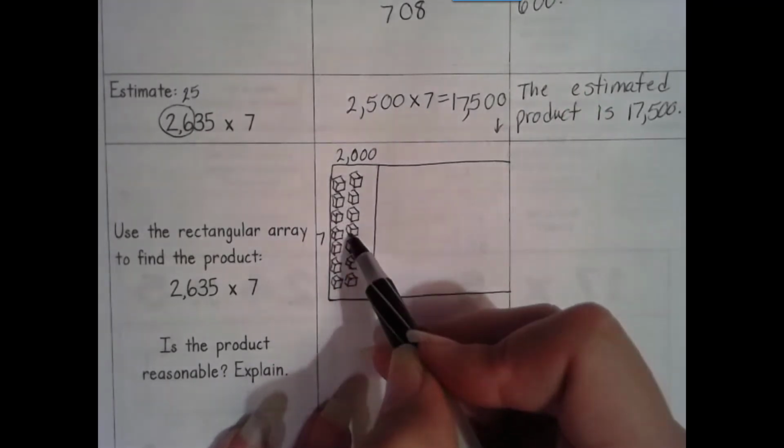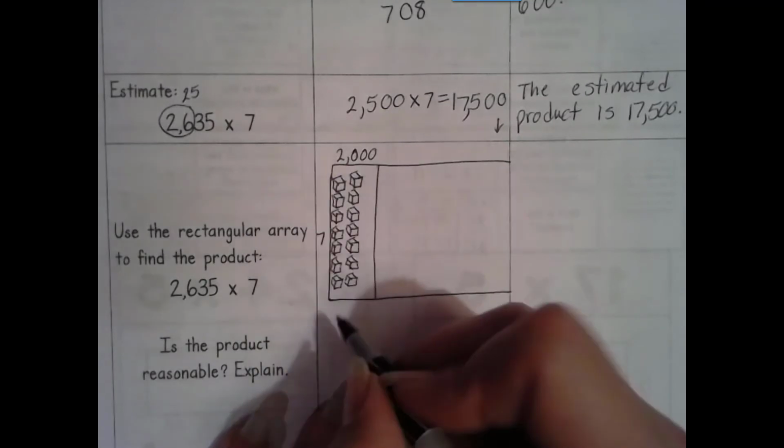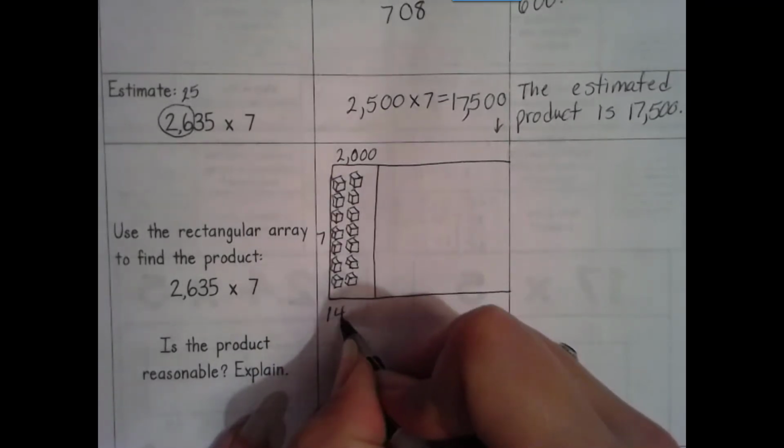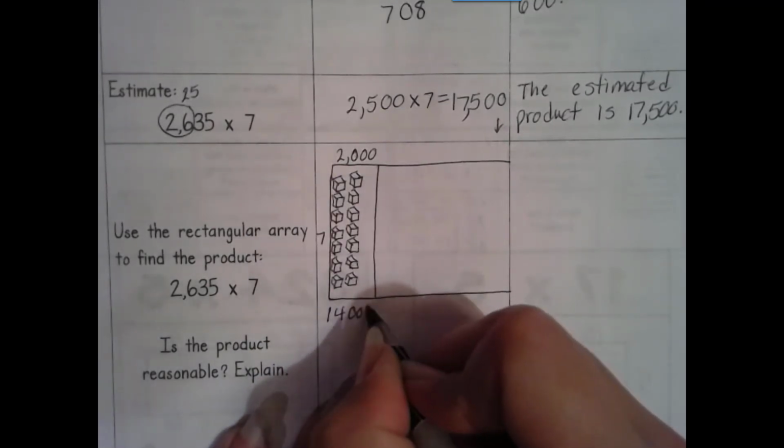So that's 2, 4, 6, 8, 10, 12, 14 thousands.